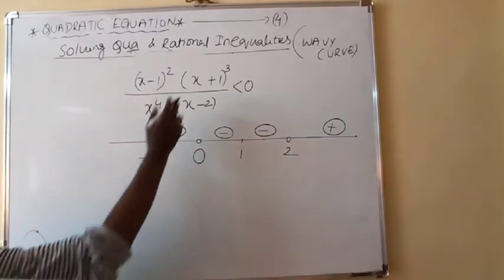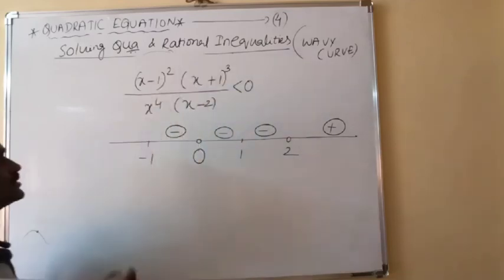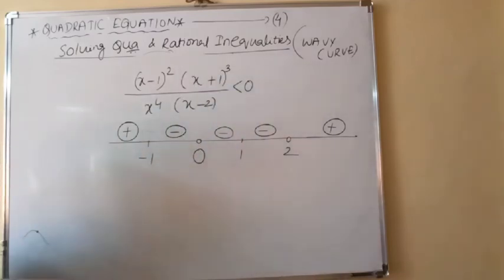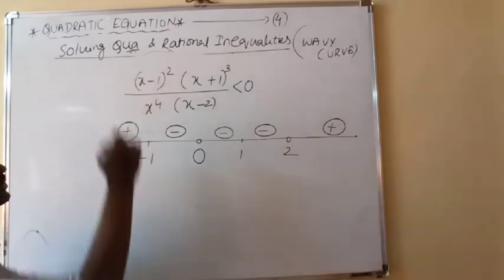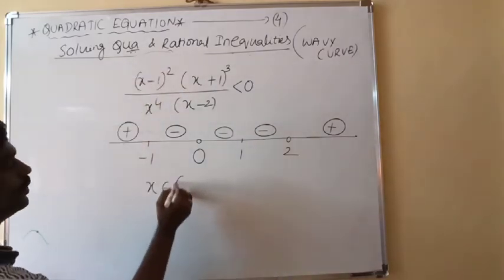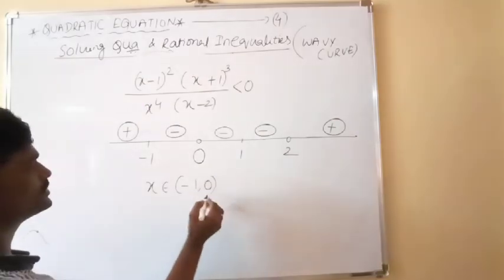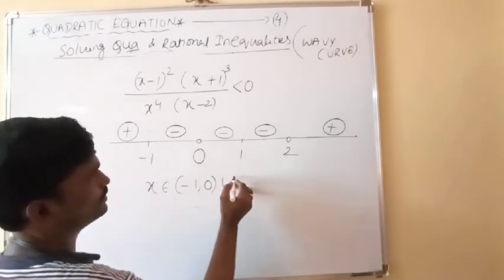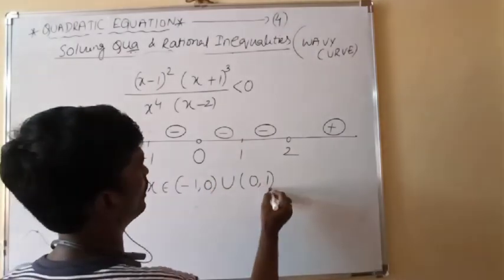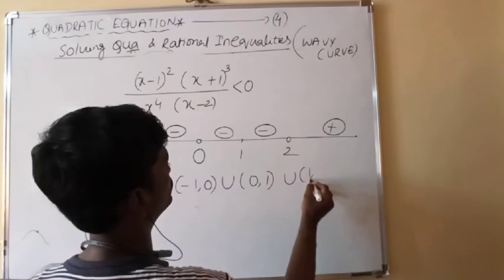Minus 1 is a root because of the (x plus 1) whole power. An odd number is there, change of sign. So thus this ratio will be negative when x lies between minus 1 and 0, next between 0 and 1, next between 1 and 2.